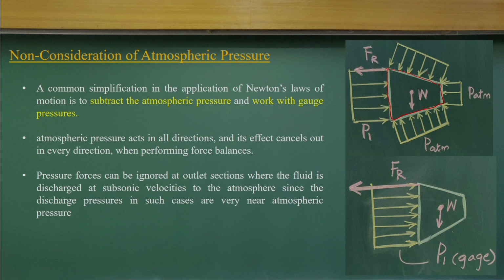For any control volume I consider, the control surface always has a pressure equal to the atmospheric pressure everywhere. If atmospheric pressure acts throughout this control surface, with the pressure directions opposing each other, and I do a surface integral over it, it will cancel out and become 0.